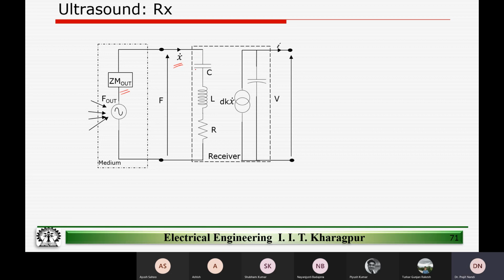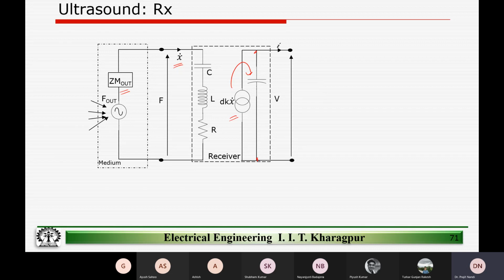X dot is essentially the rate of change of the deformation in the crystal. And this in turn creates a charge; this is actually a current source, which is the receiver model that we discussed, right? This charge will create a voltage kind of signal at the output, and this voltage is what we can read back.